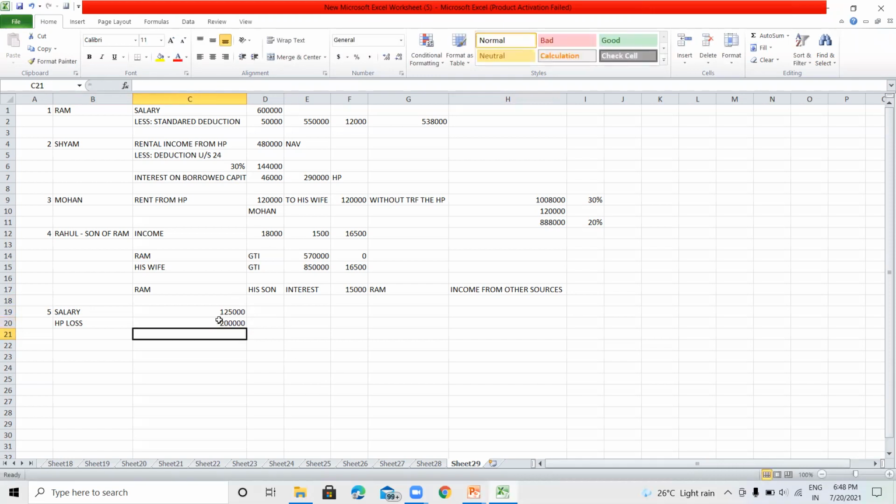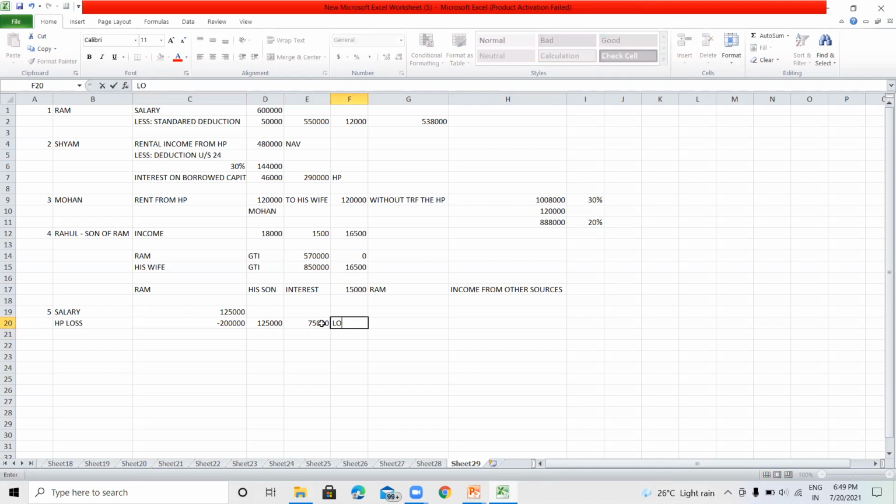In this situation, he can adjust a maximum of 1,25,000 rupees against such a loss. That means a loss of 75,000 is not adjusted.